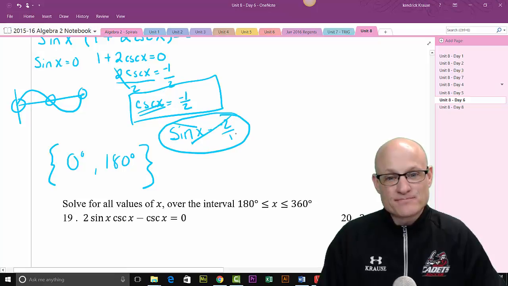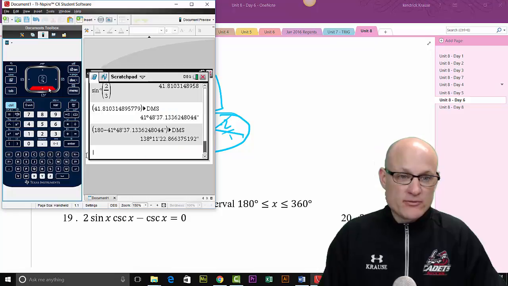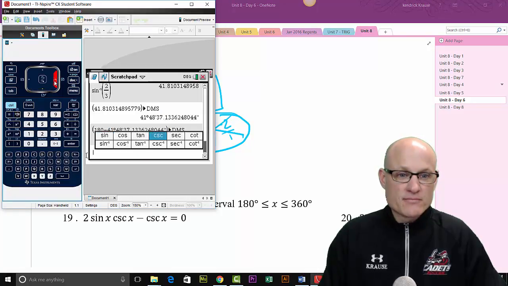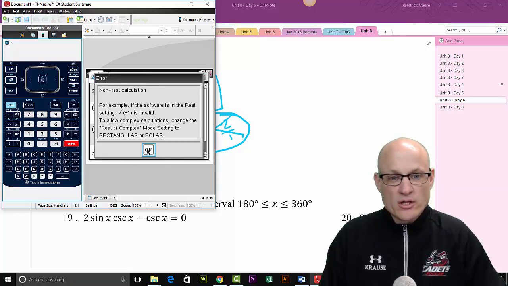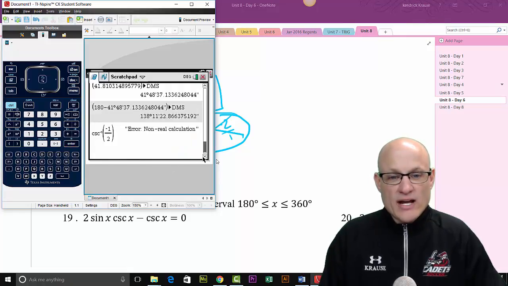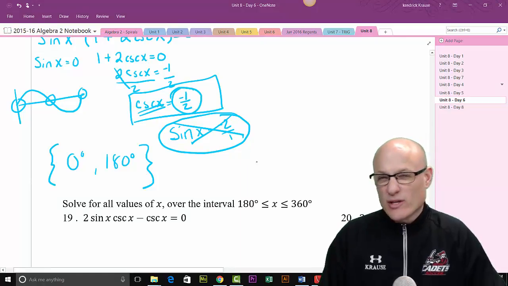If you try it on your calculator, and you say, okay, I don't believe him, we'll go into tangent, and we'll go down to cosecant, -1 divided by 2, and you'll see crash. It doesn't work. So while sine and cosine can't be bigger than 1, cosecant can't be between -1 and 1. All right, not a big deal.